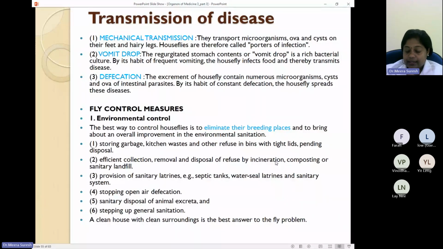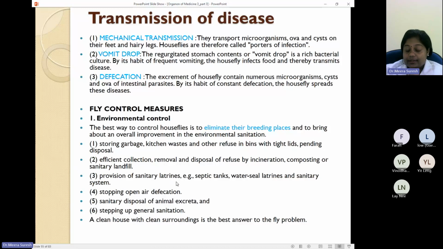Incineration, we already learned, is burning things, and composting and sanitary landfill we'll do in the next class, possibly. Next class I'm taking water. Then the provision of sanitary latrines so that human excreta will not be exposed in the open.